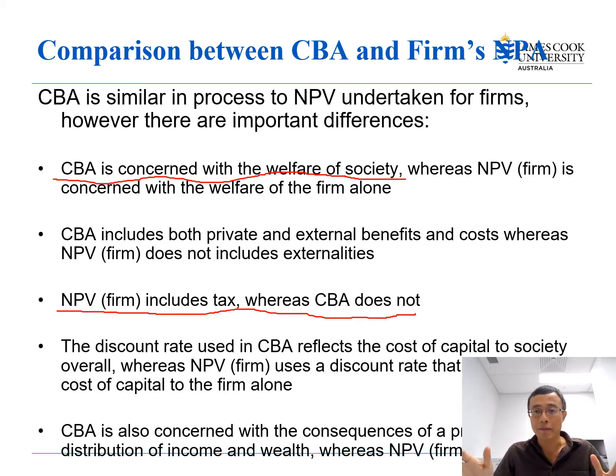So in CBA, if there's a tax that just represents a transfer of resources from one component of society to another, then we do not include it. Otherwise, we include it. In contrast, in NPV for firms, tax is always a cost, so you are always going to include tax in your NPV analysis. And the discount rate used might be different as well.